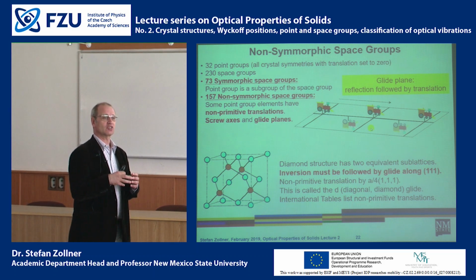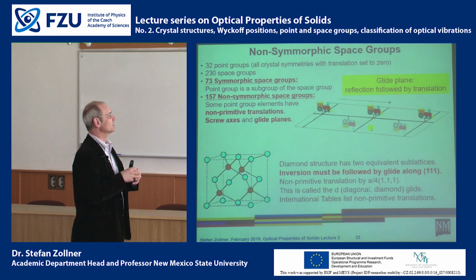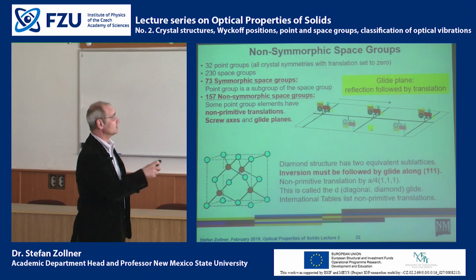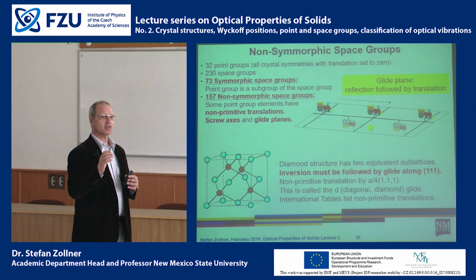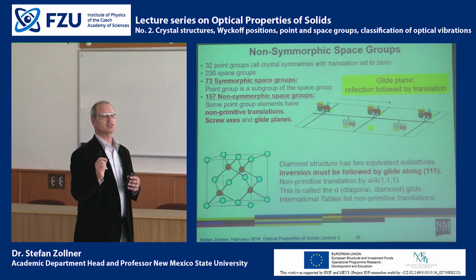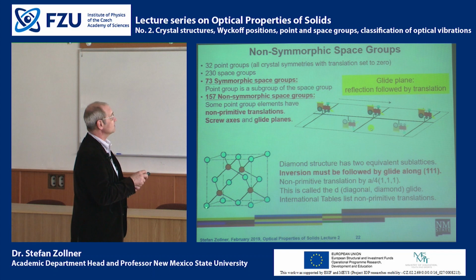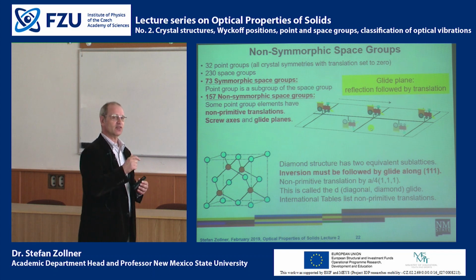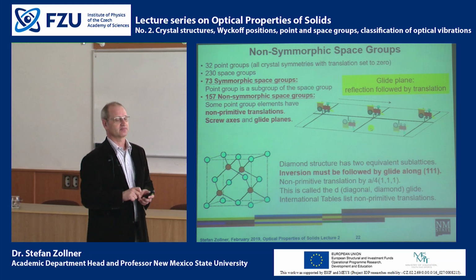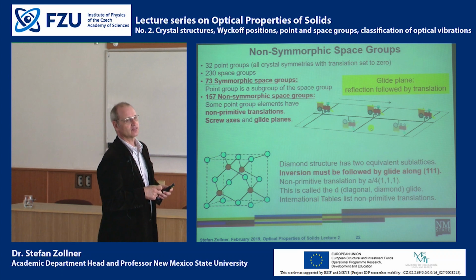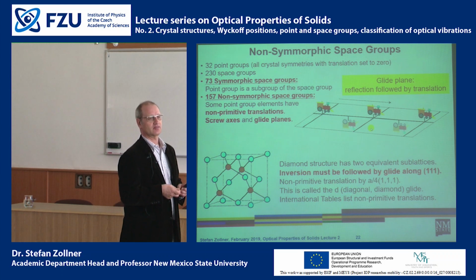But the diamond structure consists of two interpenetrating FCC lattices shifted by this vector, and therefore, because of the inversion symmetry that I have in the diamond structure, I can go from one sublattice to the other sublattice, and if I do that, then I need the non-primitive translations. That means this definition is concerning just two Bravais lattices, the simplest crystallographic structure as can be possible, and not, for instance, face-centered cubic as we can see. Correct?